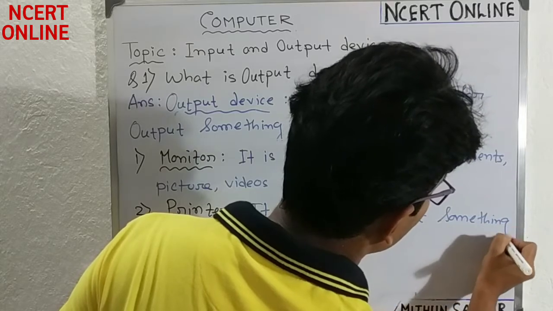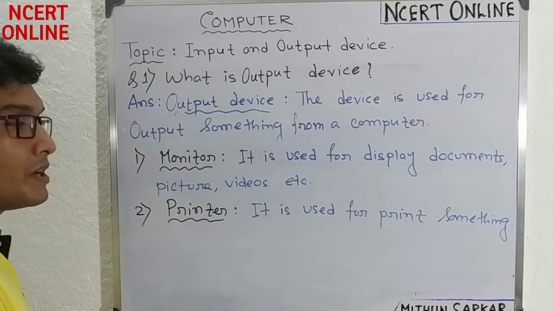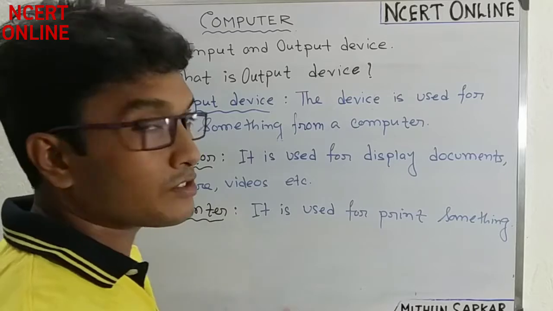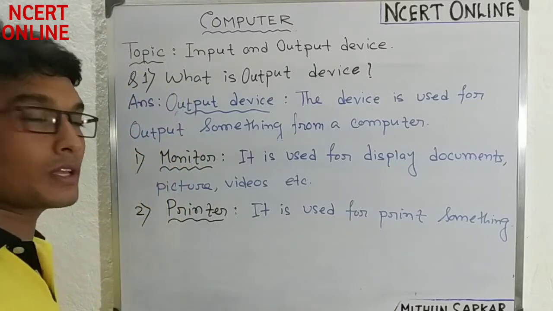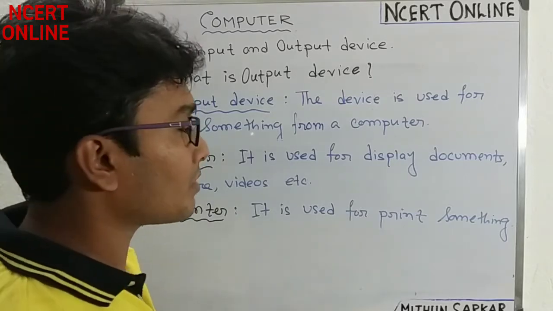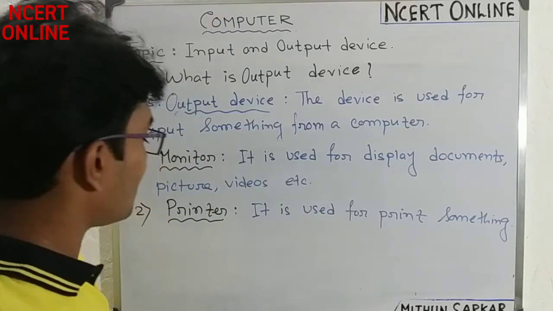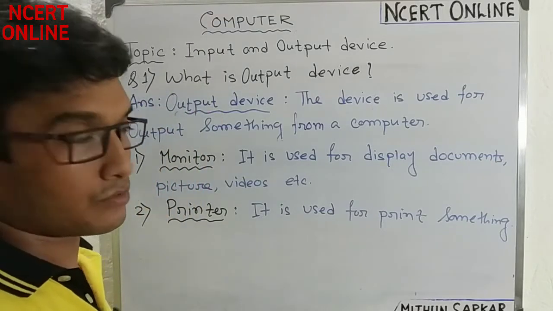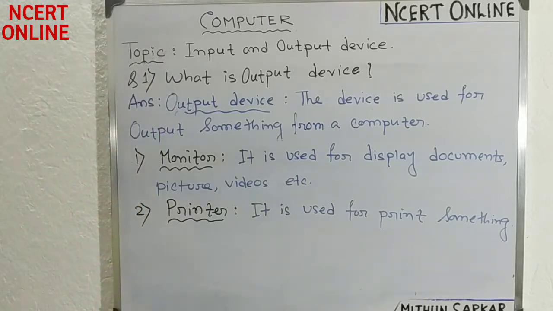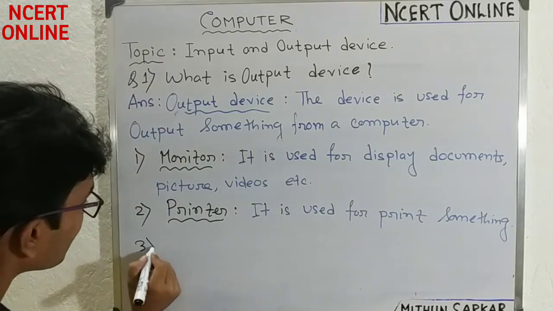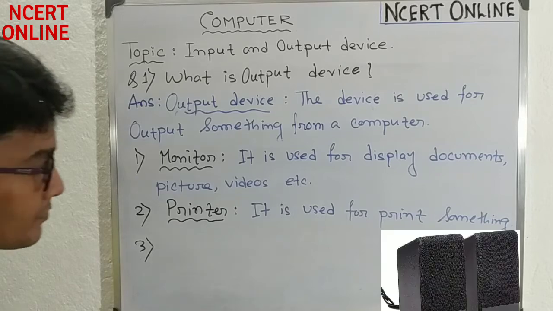Why do I write something? Because sometimes we print different PDF files, or we can print our pictures using a color printer. Printers are of two types: color printer and black and white printer also.